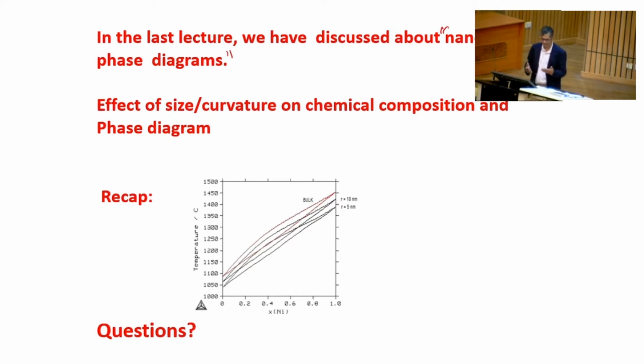As you see, I have shown you this phase diagram again and again. This is the copper and nickel phase diagram. Copper and nickel is the first phase diagram we study in material science or metallurgy, which forms an isomorphous type phase diagram. What is the meaning of isomorphous?